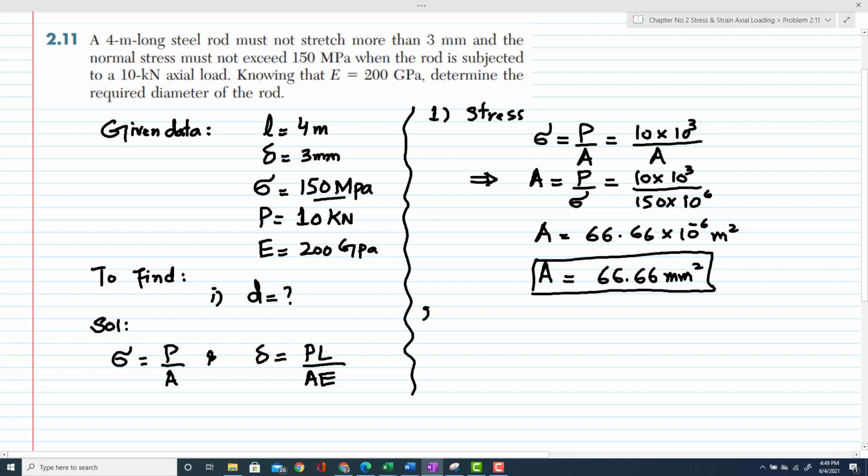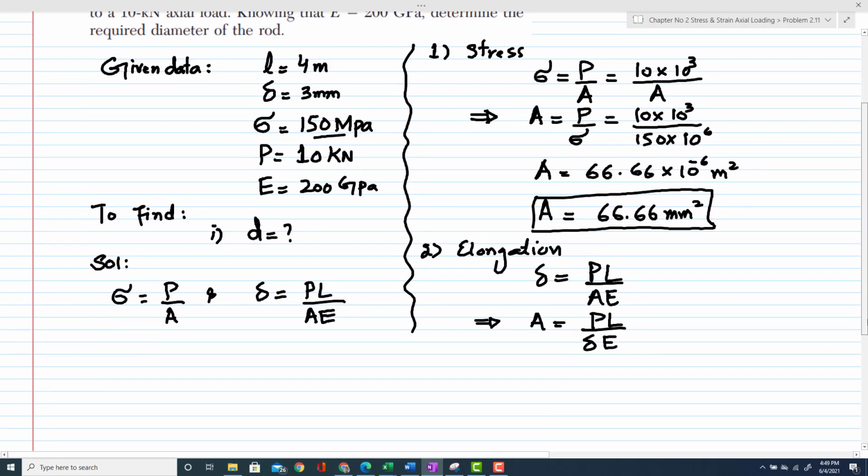Now we will calculate the area depending upon the elongation. As you know, elongation is equal to PL divided by AE. So area is equal to PL divided by change in length into modulus of elasticity.